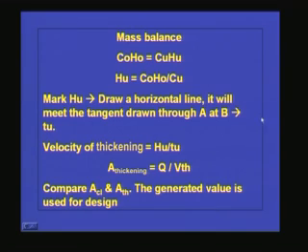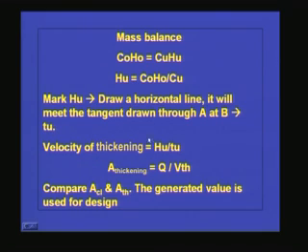If you want to find out the velocity of thickening, because we have seen the hindered settling velocity and the area required for the clarification purpose, now we have to find out the area required if we want to get a particular amount of thickening.